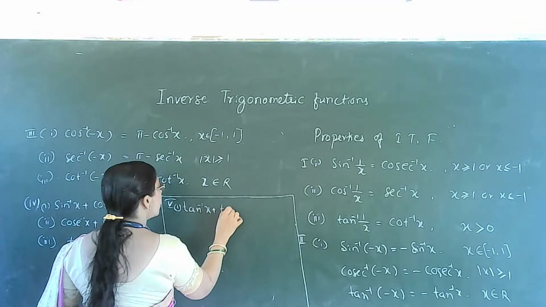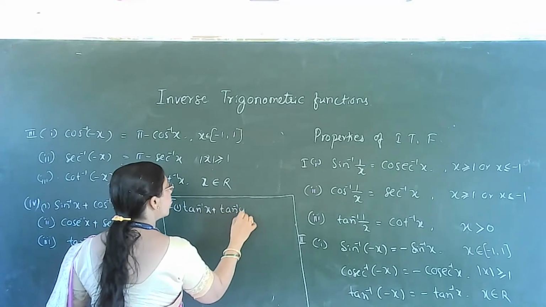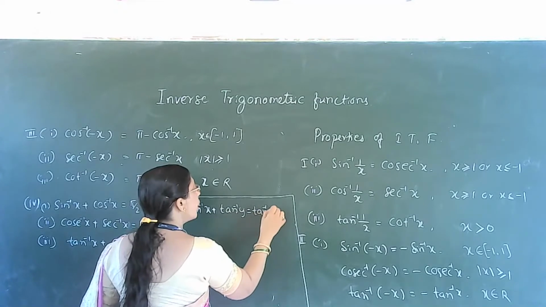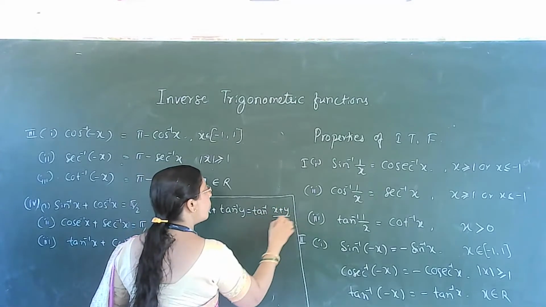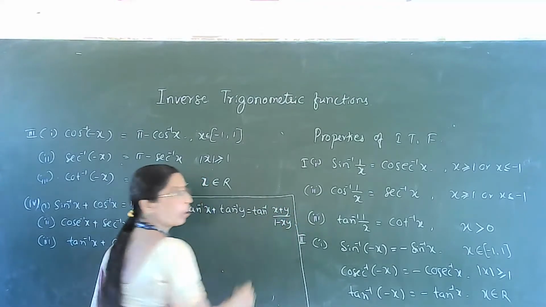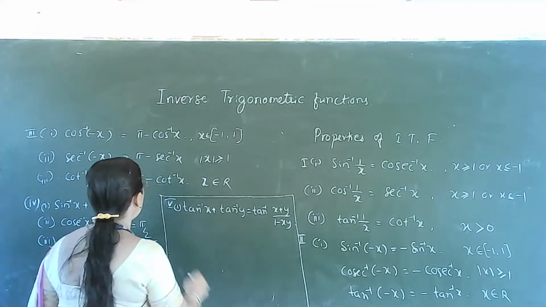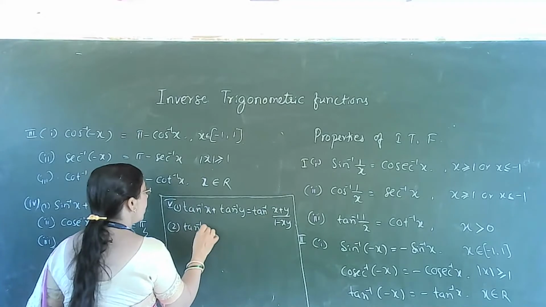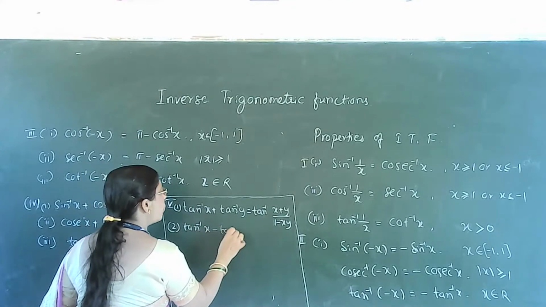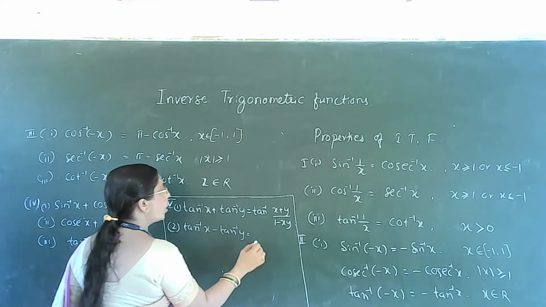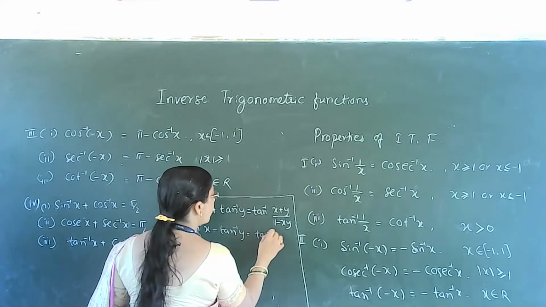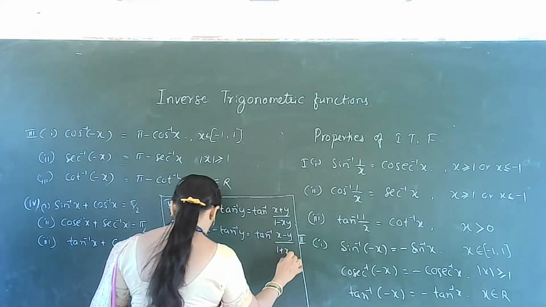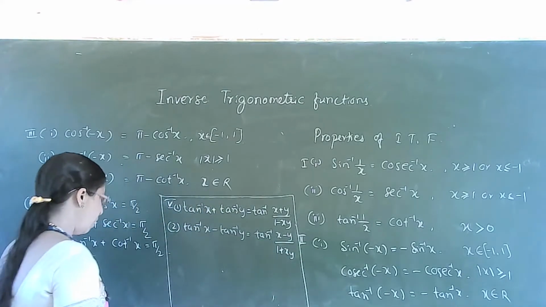plus tan inverse y, which is equal to tan inverse of x plus y divided by 1 minus xy. Next, the second one is tan inverse x minus tan inverse y, which is equal to tan inverse of x minus y divided by 1 plus xy.